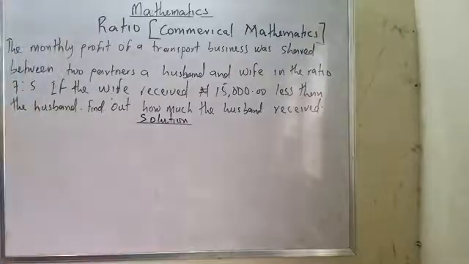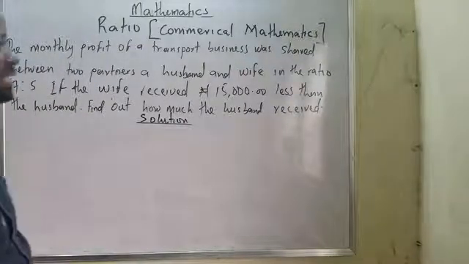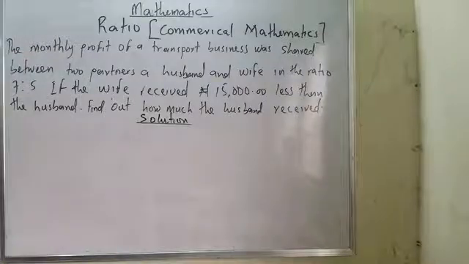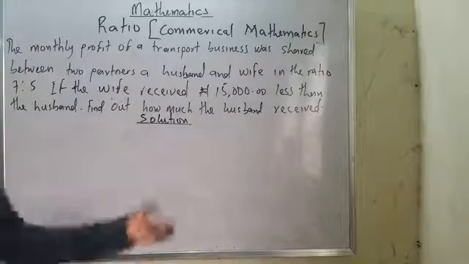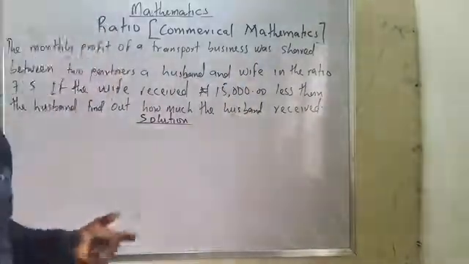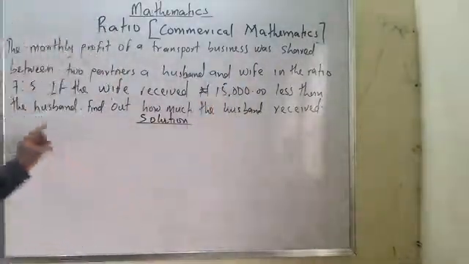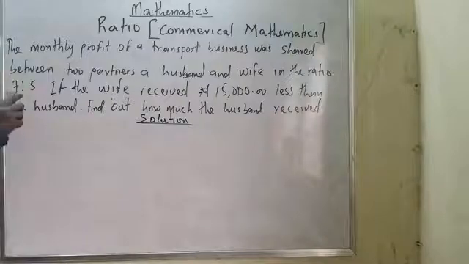The question says the monthly profit of a transport business was shared between two partners, a husband and wife, in the ratio 7:5.